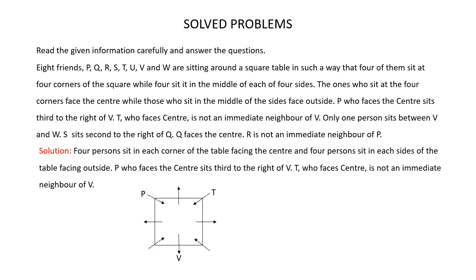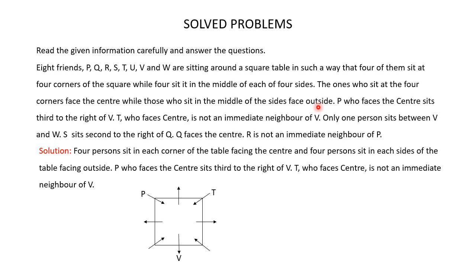Mark these positions with arrows pointing towards the center. Mark 4 positions at the sides of the square, one in each side. Mark these positions with arrows pointing outside.